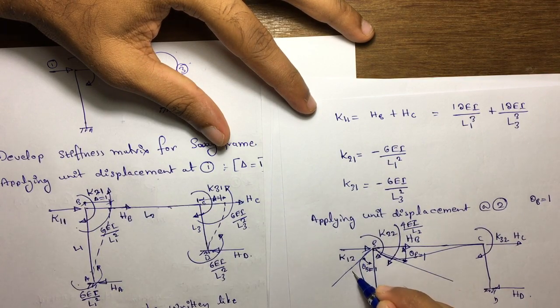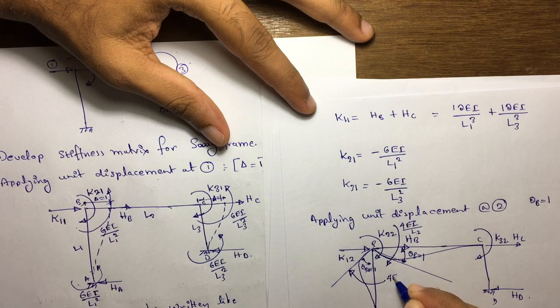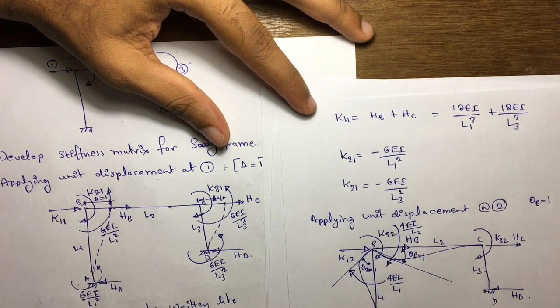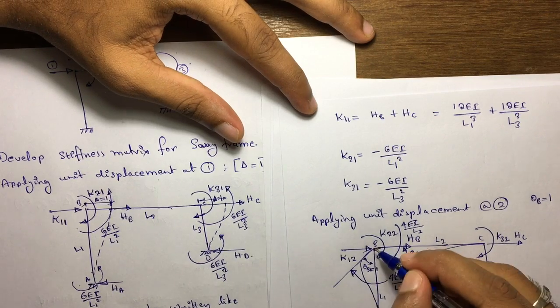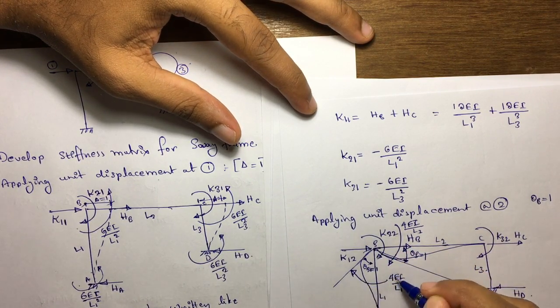For the first beam, the moment is going to develop where we are providing the rotation. At that point, the moment is 4EI divided by L1, because the length of this beam is L1, this is L2, this is L3. So wherever you are providing unit deflection, at that point the moment is 4EI divided by L1.